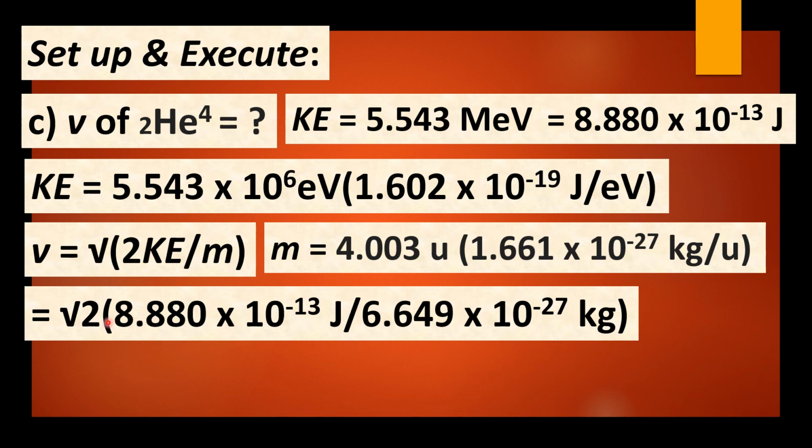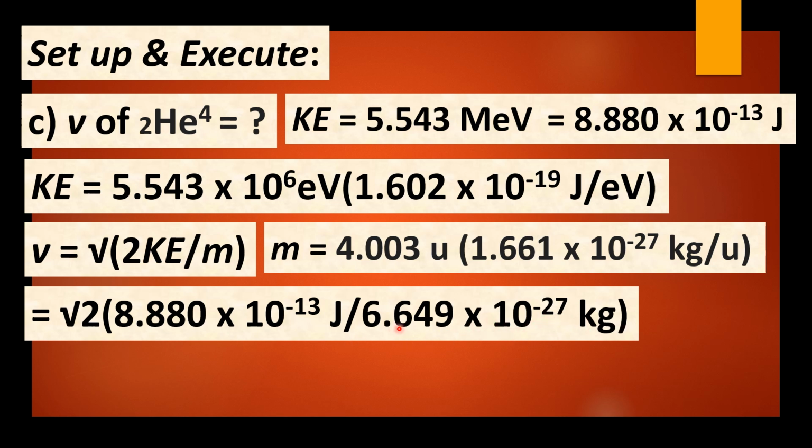after substituting completely the given data in this working equation for finding the speed of the alpha particle, the given kinetic energy already expressed in joules, that's 8.880 times 10 to the negative 13 joules, multiply that by 2 and then dividing it by the atomic mass of the alpha particle or the helium nucleus, already expressed in kilogram, 6.647 times 10 to the negative 27 kilogram.